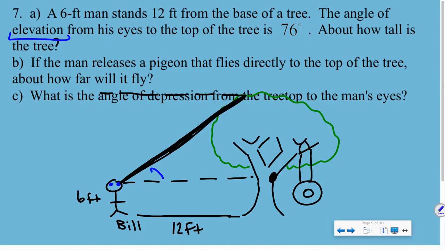Above. So above that horizontal line right here, this is your 76 degrees. We're trying to find the height of the tree. We have to create a right triangle. So when I come down from this line of sight back to this horizontal line, there's my right triangle. We're trying to find x, the height of the tree.